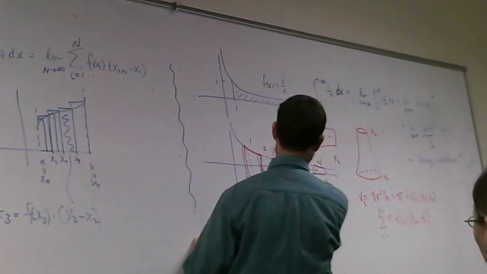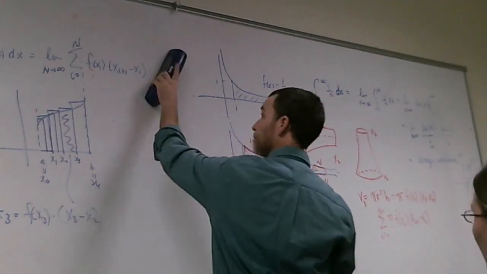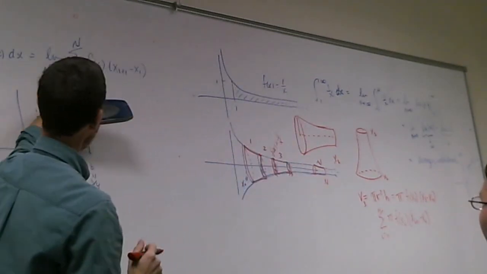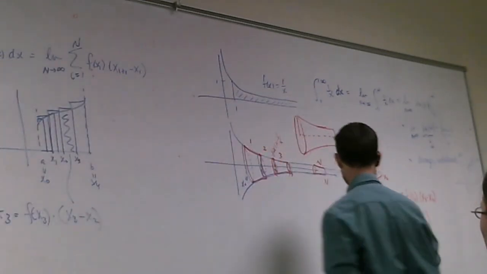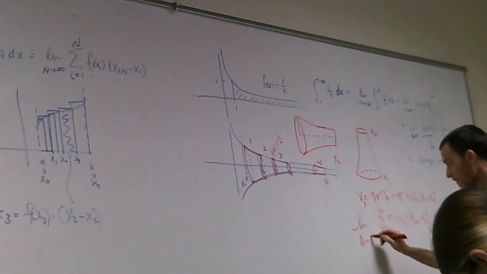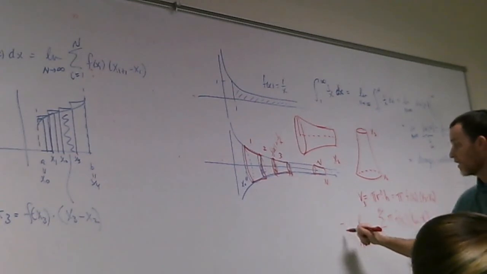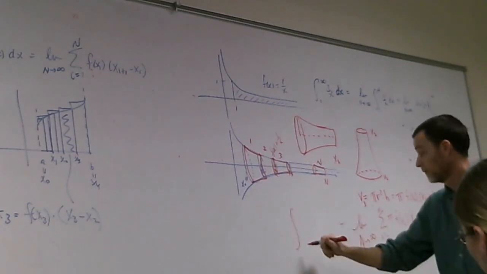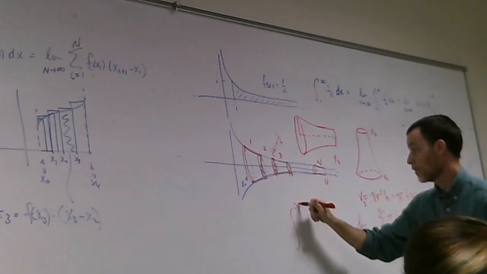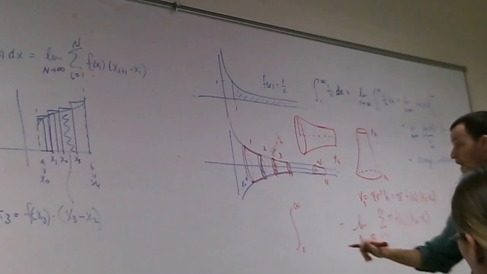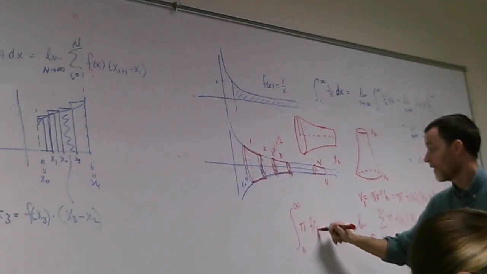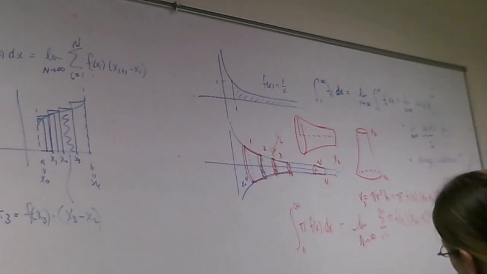But now, as the width of these goes to zero, and using this formula here, if I take the limit of both sides as n goes to infinity, that is by definition the integral from 0 to infinity, because it's going out forever, of pi f of x dx, right?